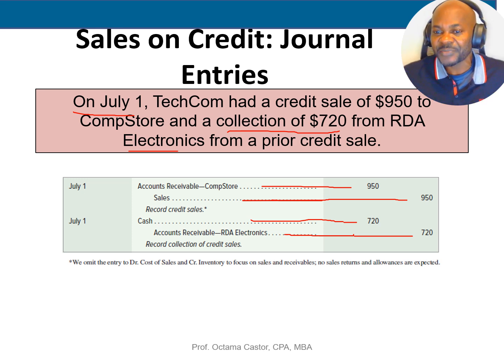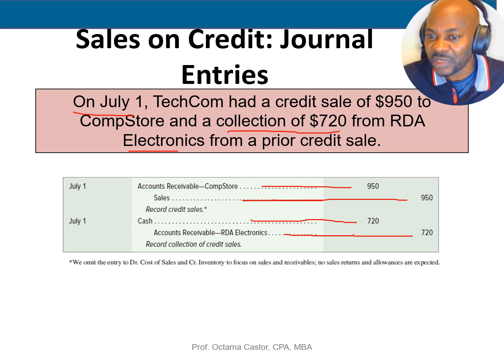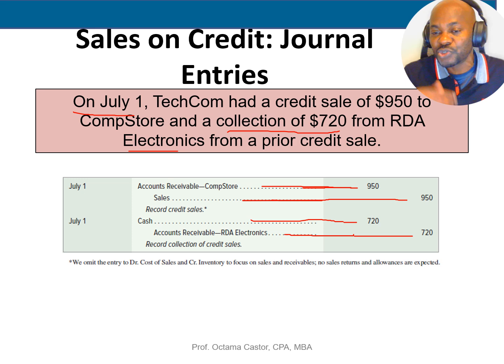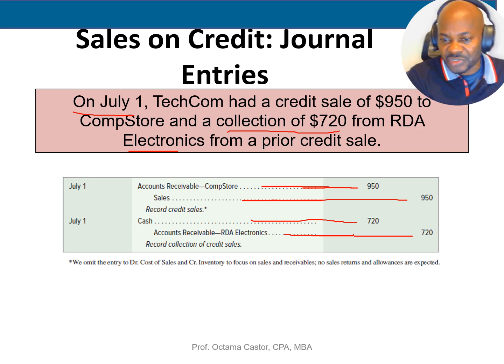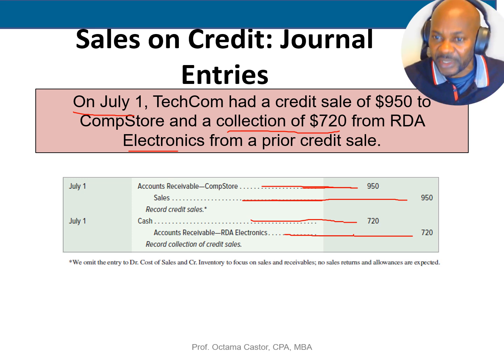It indicates that the accounts receivable balance for RDA Electronics goes down by $720 because they owed you $720, they paid you, therefore the account balance is decreased. Whereas in the previous case, you increase the accounts receivable with that debit entry because you just made the sale, you established the receivable which you expect to collect later.